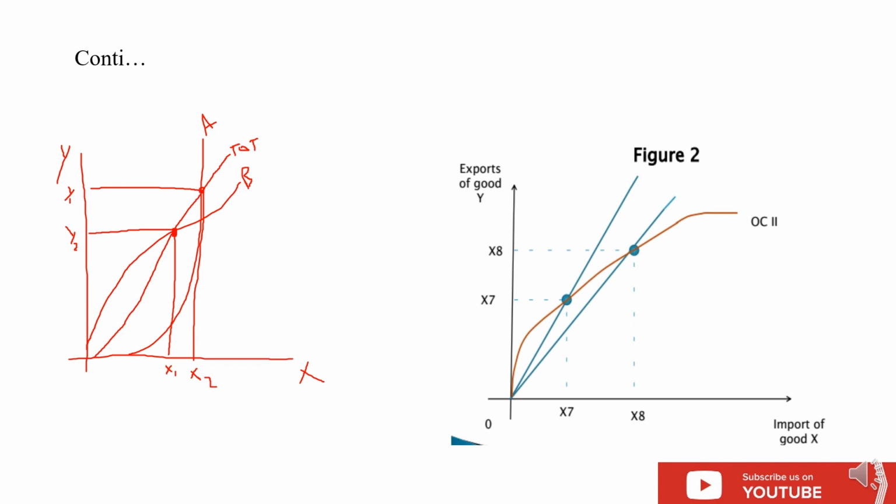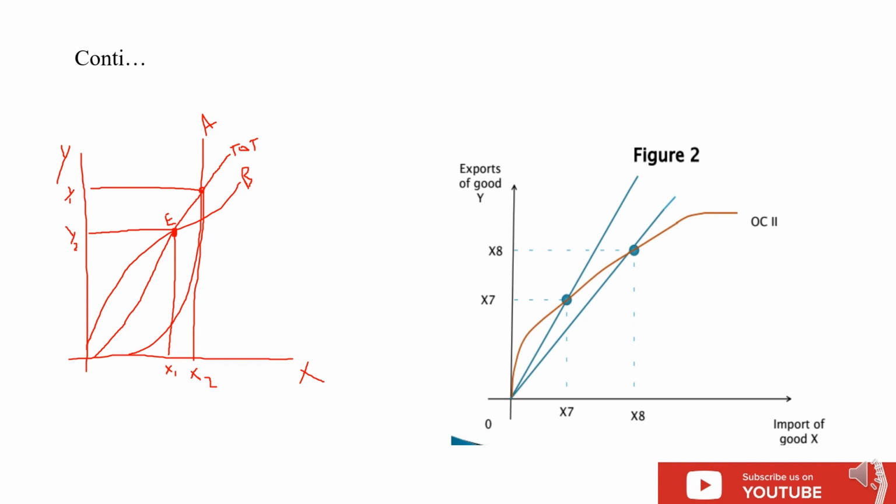So how they export and import their commodities at point E. This is the disequilibrium point where country B wants to export Y1, Y2 and wants to import x1 units.